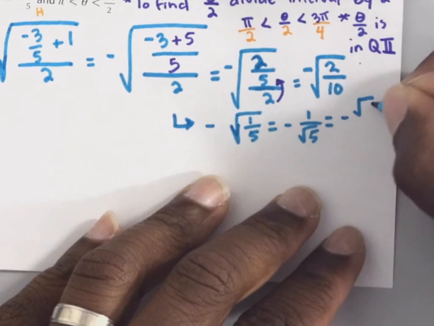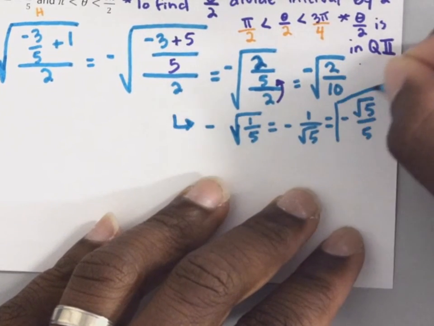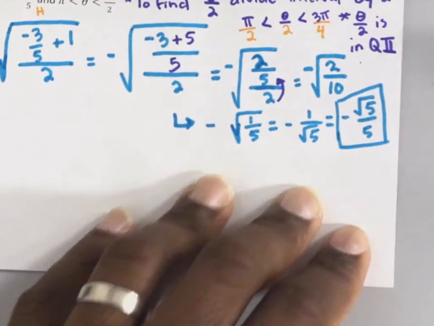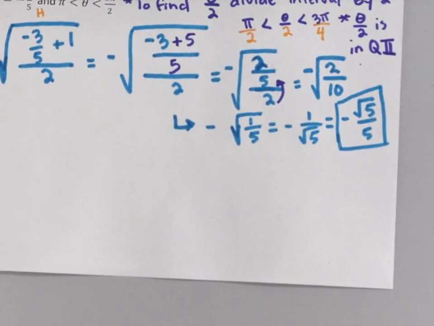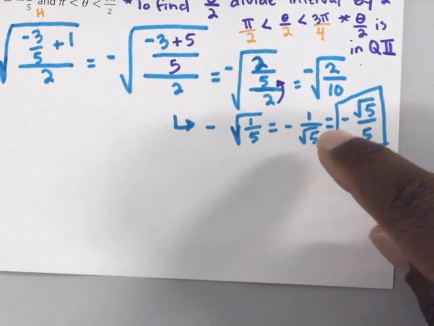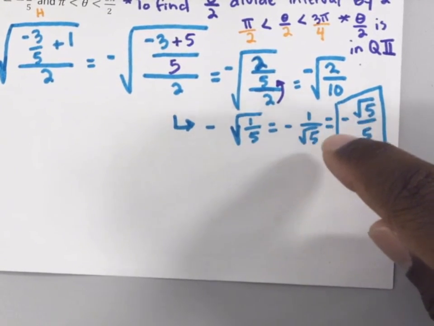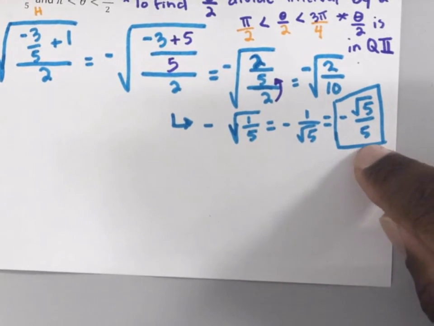And after all of our hard work, this is what we get. I ran out of space. I didn't show the step, but here you multiply the top by root 5 and the bottom by root 5. Root 5 times root 5 is just 5.